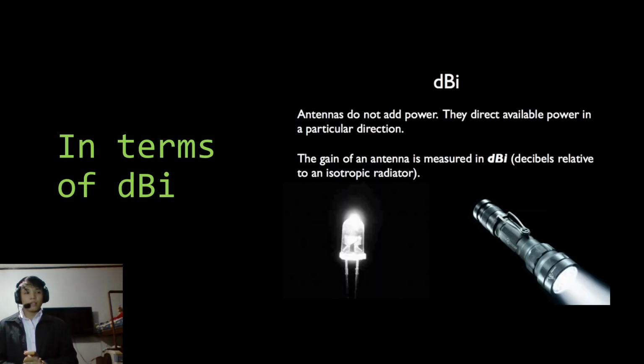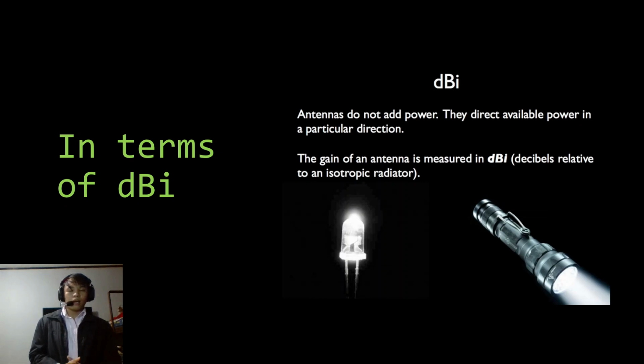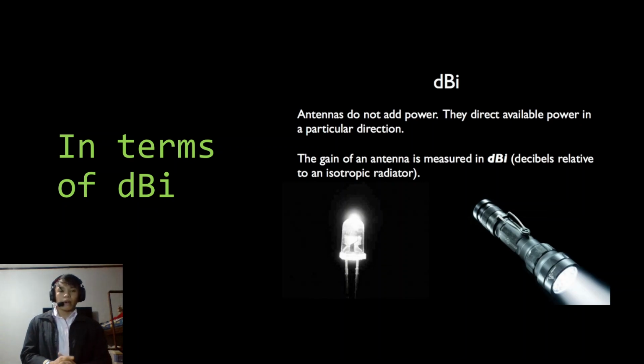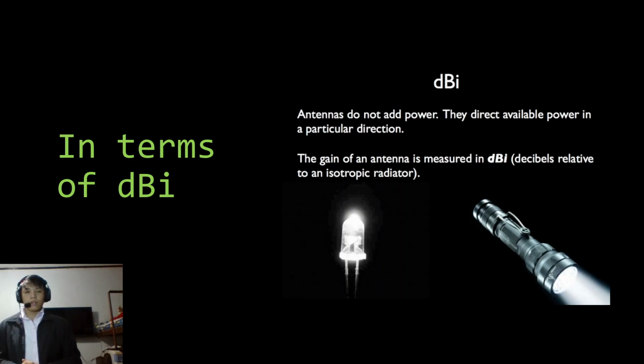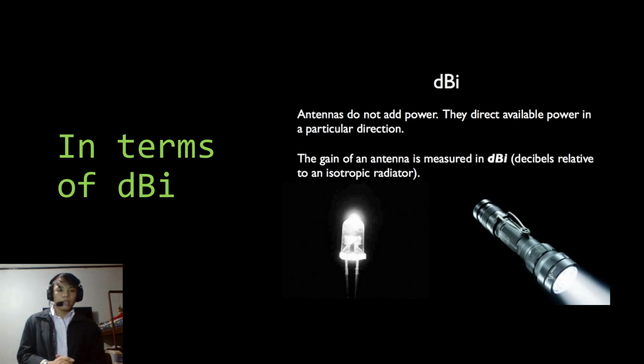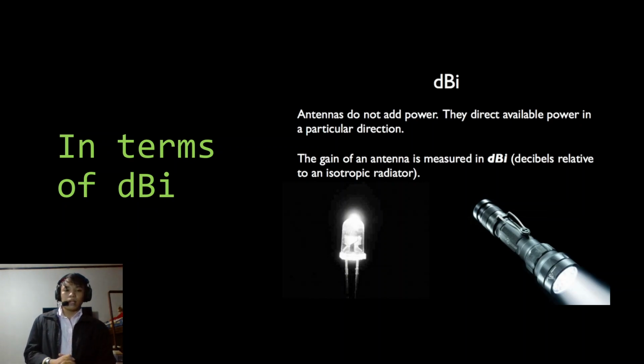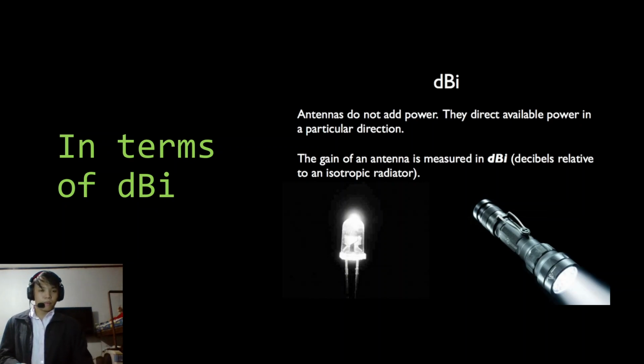So, take note that antennas do not add power. They only direct available power in a particular direction. So, the gain of an antenna is measured in dBi, or decibels relative to an isotropic radiator.